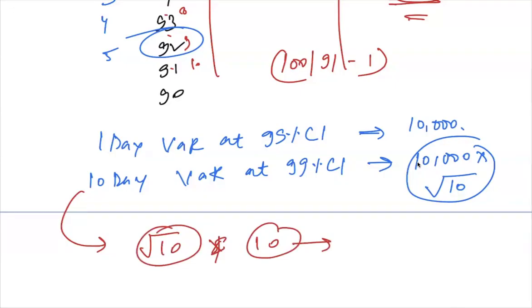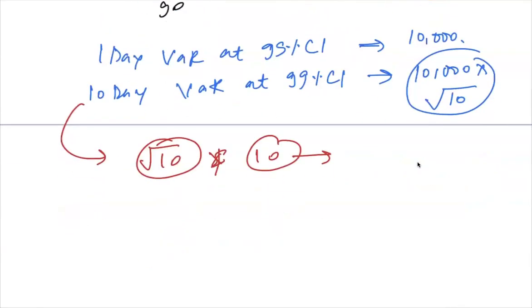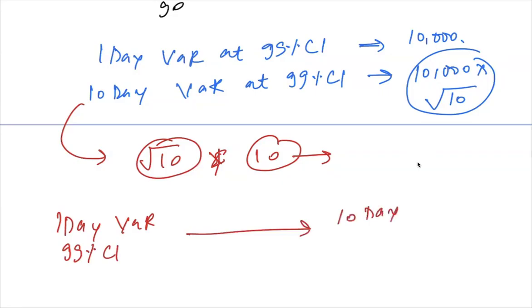See, this is more from a modeling thing, because this method is developed by JP Morgan. The concept of value at risk was developed by JP Morgan. When they were developing this method, they saw that they can convert a 1-day value at risk at 99% confidence interval to 10-day value at risk at 99% confidence interval, by just multiplying with square root of 10.